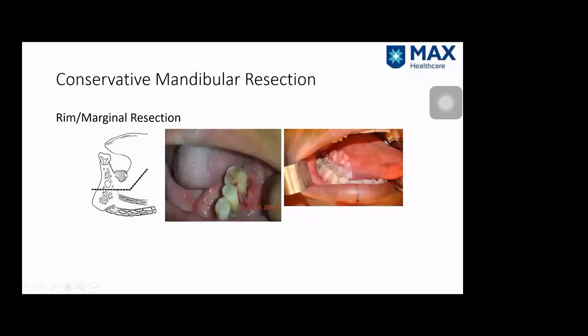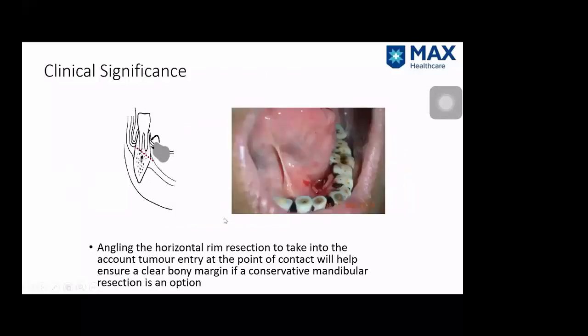This was initially described for floor of mouth lesions, where wherever it is abutting, we take the soft tissue and we take the part of the mandible there. An oblique cut may be better, as it assists us in getting an extra bit of margin or base for such tumors.